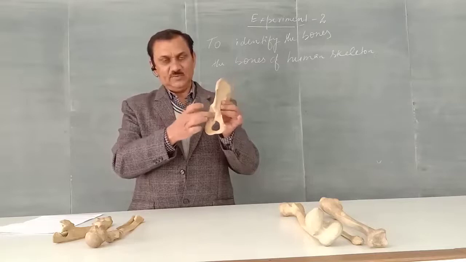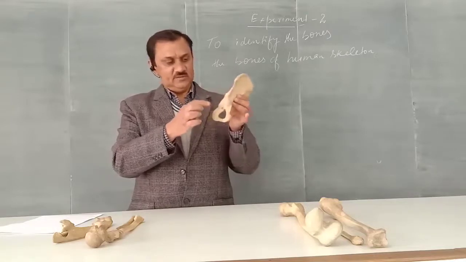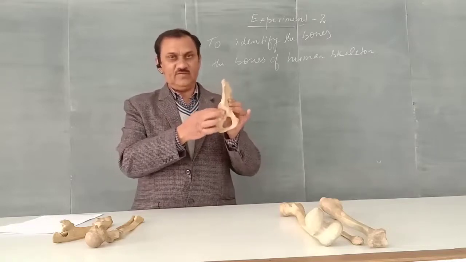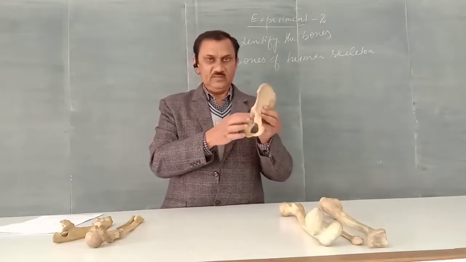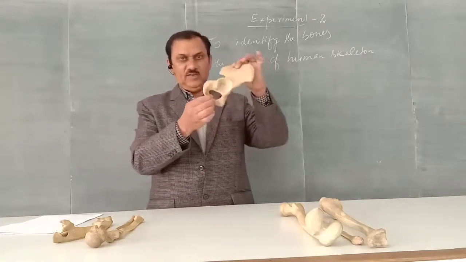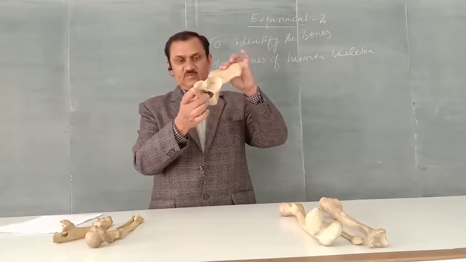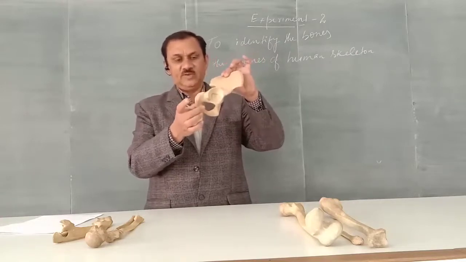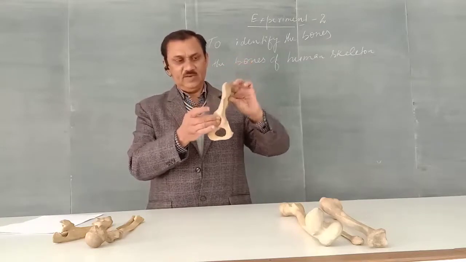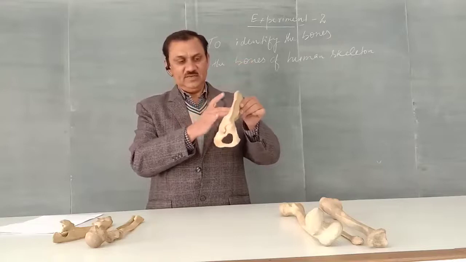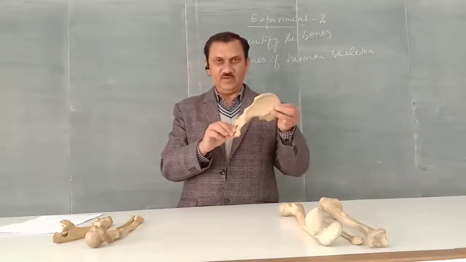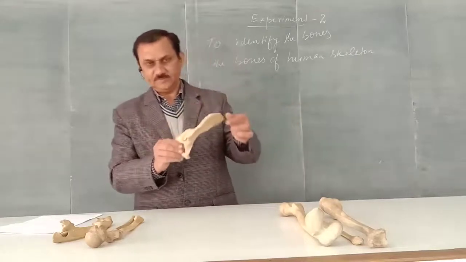This acetabulum is the cavity in which the head of the femur fits to make the hip joint. There is a very large hole visible here, called the foramen obturator. So the presence of the foramen obturator, the acetabulum cavity and this expanded ilium, ischium and pubis are all part of the pelvic girdle. Okay students?